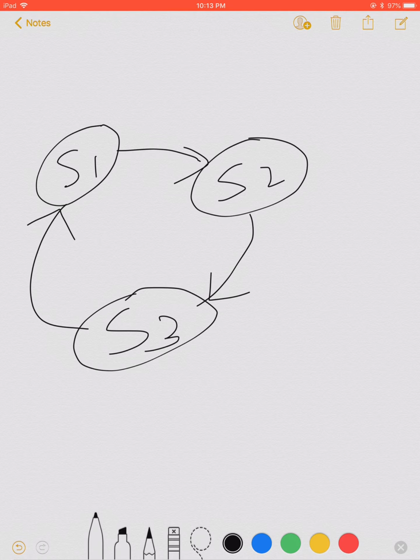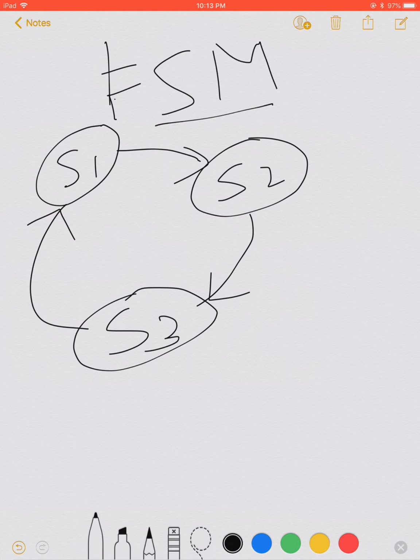This is an FSM, right? It has a finite number of states. Suppose it starts from the S1 state, and the state will change to S2 when a clock is triggered.